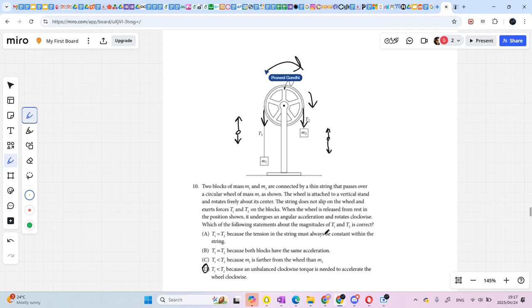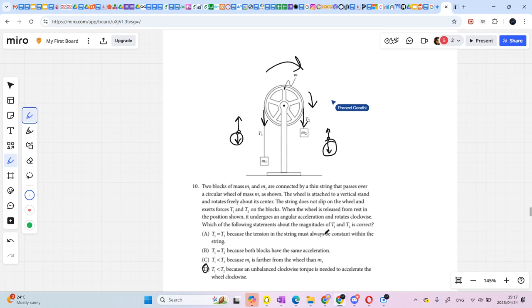So if you were just looking at the masses, then the gravity here would have to be bigger than this, right? But for this to accelerate, the net force would have to be in this direction.